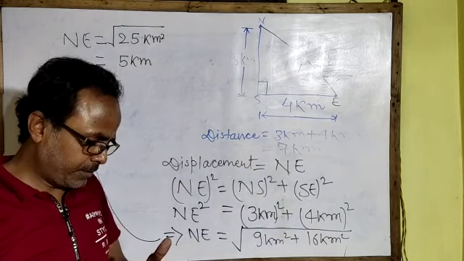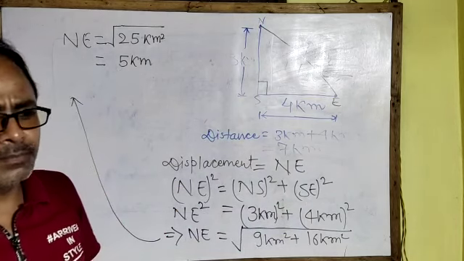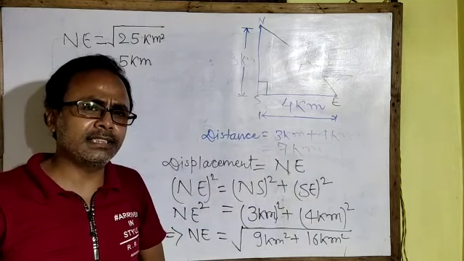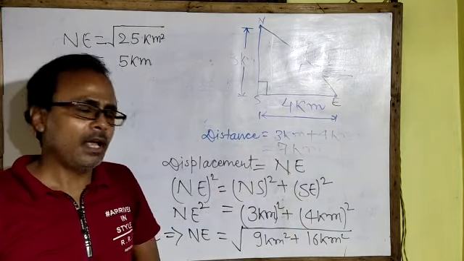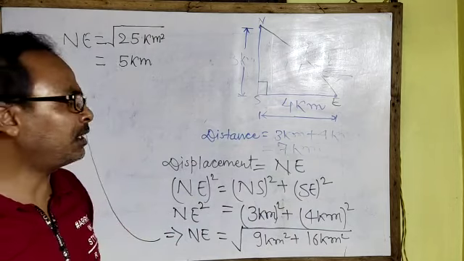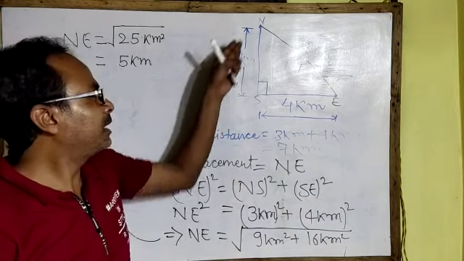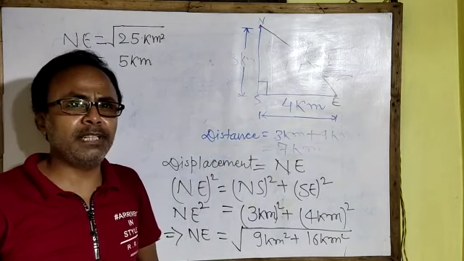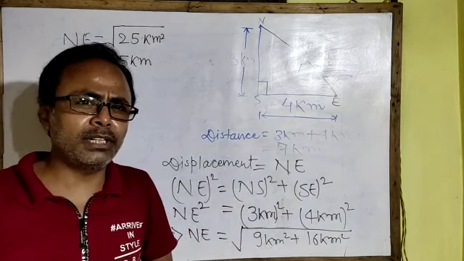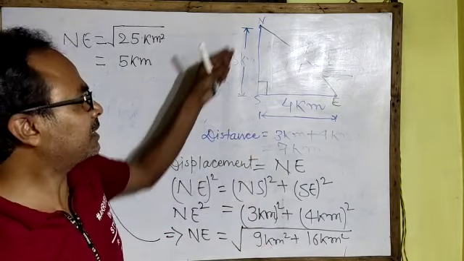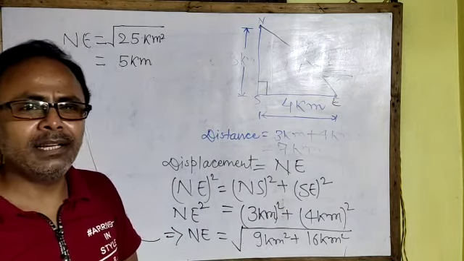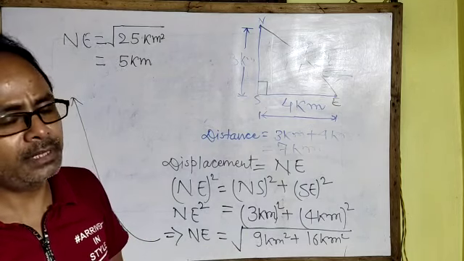One thing that is clear here is that displacement is always the shortest distance between the two points. And another thing is that distance may be more than the displacement or can be equal to the displacement.